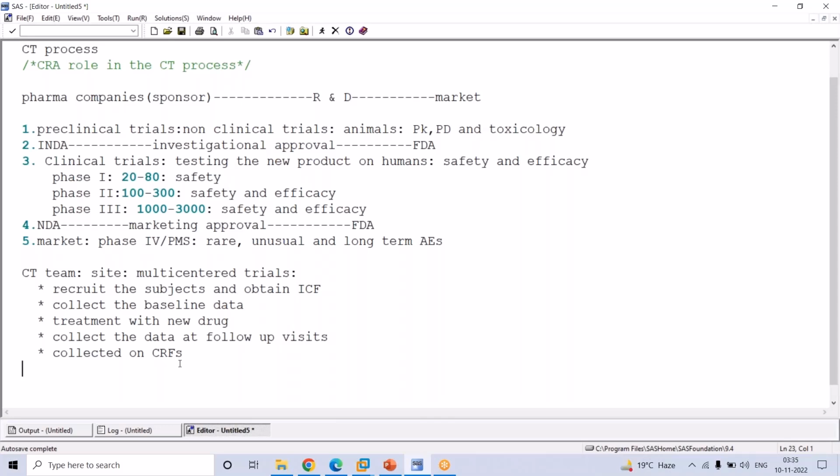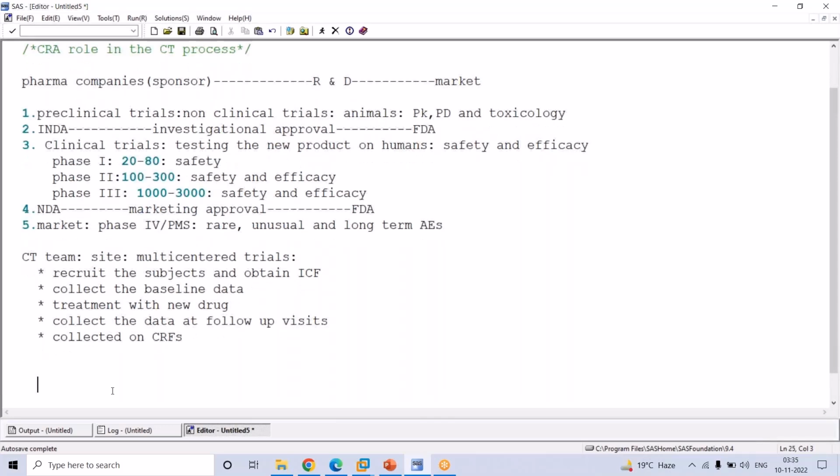In this, we have mainly 4 roles. I'm going to explain those 4 roles, but before we go to them, I'm going to briefly explain some terminology.